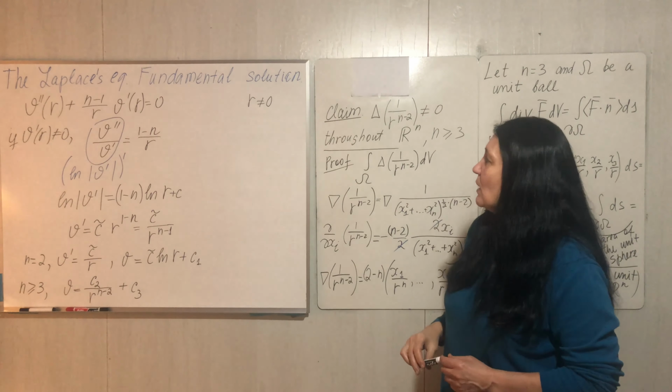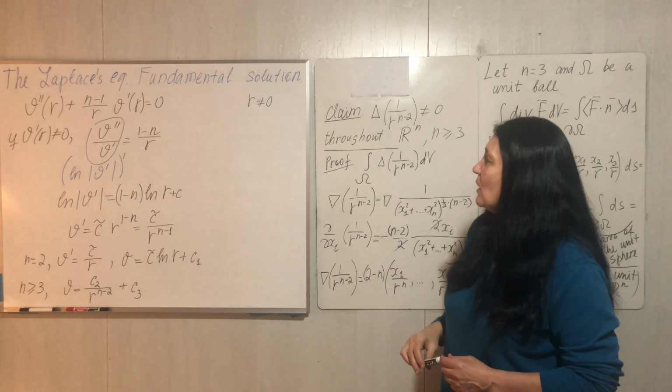Now I just want to show that if we take the radial solution that we got, let's ignore the constant, since we are dealing with a linear operator, the claim is that if we compute the Laplacian of this function, it will not be equal to 0 throughout the space.